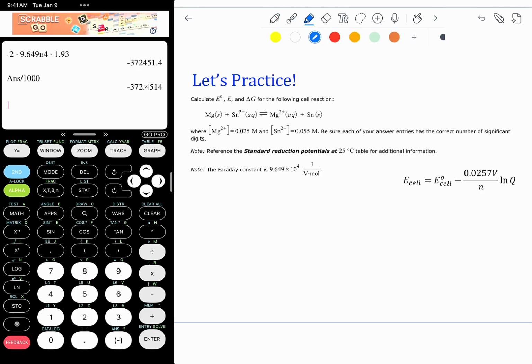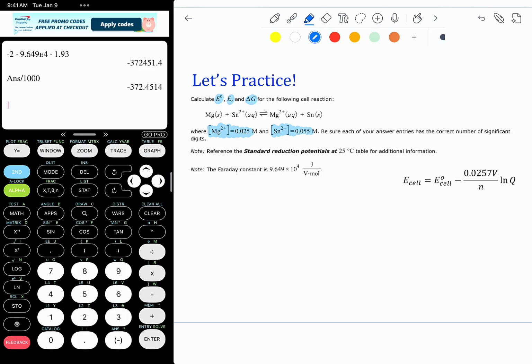We're asked to calculate E cell naught, the standard E cell, E cell non-standard, and delta G non-standard as well, for the reaction between magnesium solid and tin ions to create magnesium ion and tin solid. Our concentrations of our solutions are given here. Magnesium ion is 0.025 and tin is 0.055.